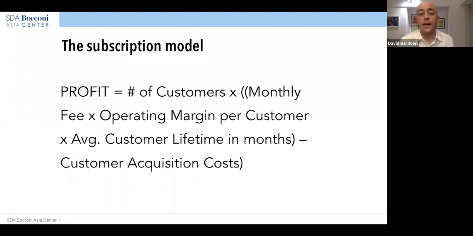So if you want to understand how Netflix makes money, this is how they make money. How Disney Plus or Hotstar make money, this is how they make money. It depends on how high or how low these 5 variables are. And they have a level of control. So their actions, their strategy is about trying to control these 5 variables, trying to make them as big as possible.